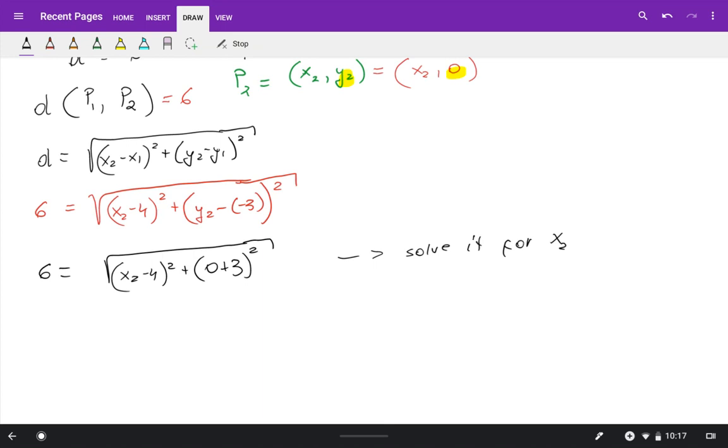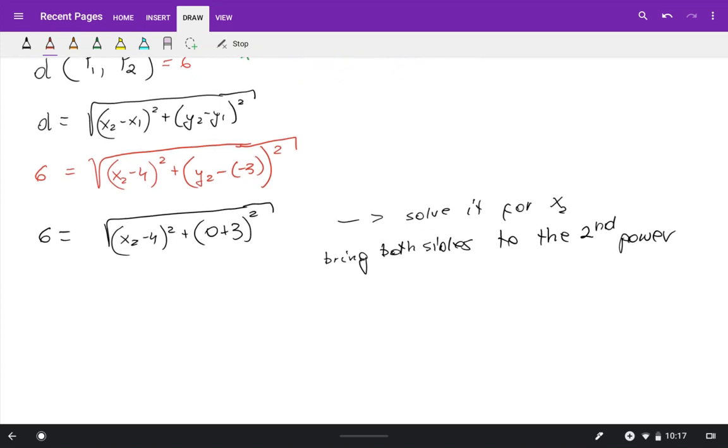You don't want to have a square root, so we're going to bring both sides to the second power, because the second power and the square root cancel each other.